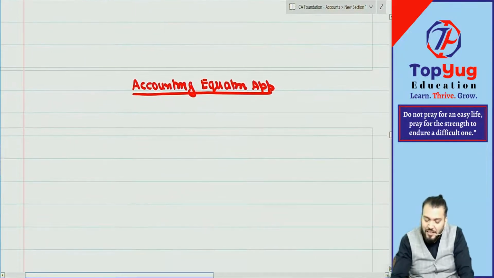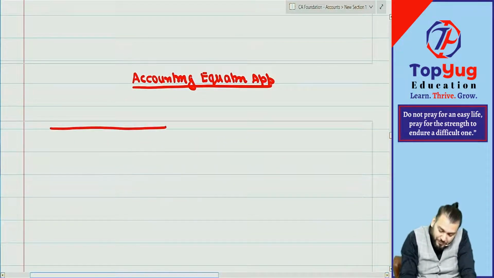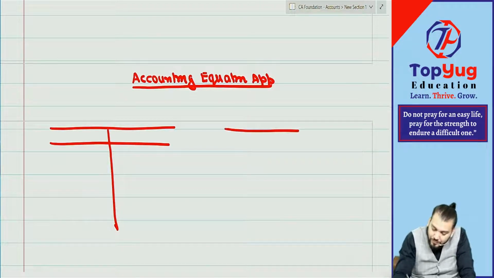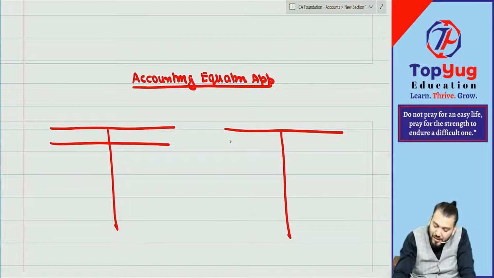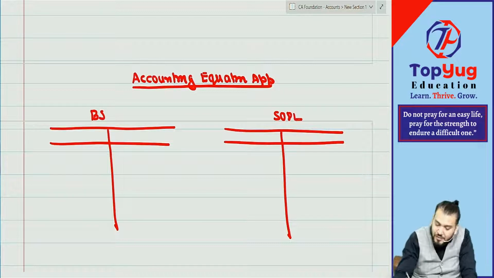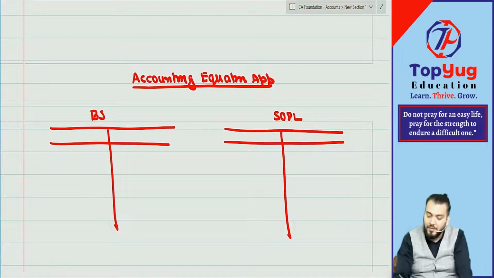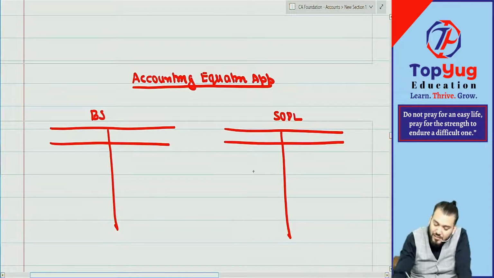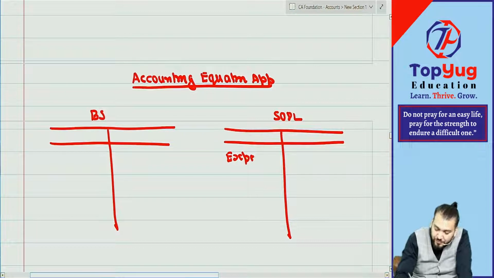So let us understand what is the objective of accounting. What is the objective of accounting? Tell me. To prepare balance sheet and SOPL. This is the objective. Correct. What we write down in the left hand side of SOPL? Expense.